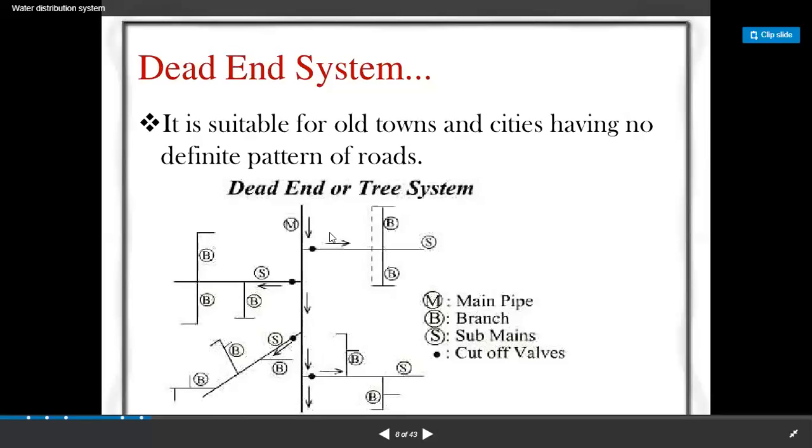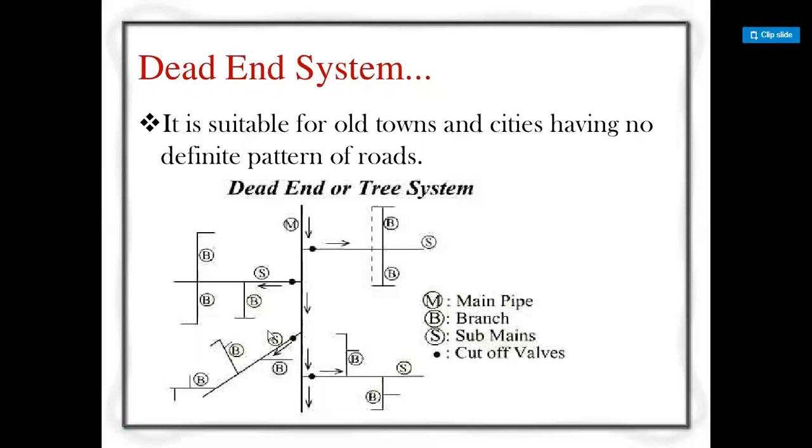Now see, first is the main pipe, then the sub mains are provided to the main pipe, and for sub mains branches are provided, and for every sub main one cutoff valve is provided to control the flow of water. Hope you all get the dead end system of water distribution network.